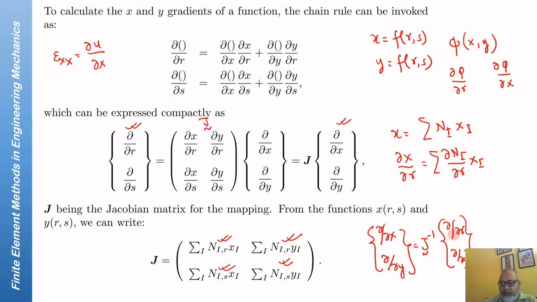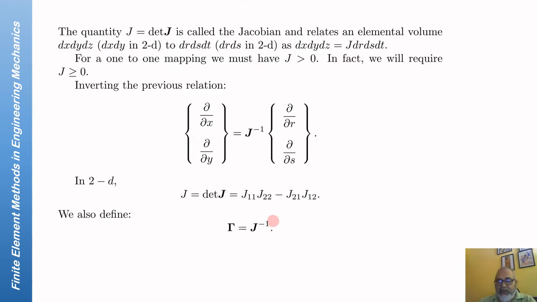If J is known, J inverse is known as well. This is the relation that we are now going to use to calculate all quantities which depend on the first derivatives. So we'll give J inverse a name. We'll call it gamma.